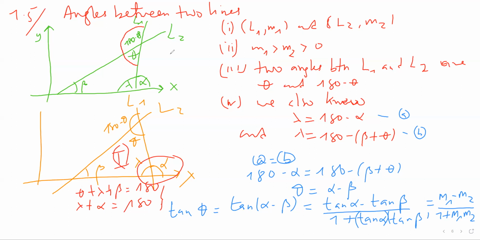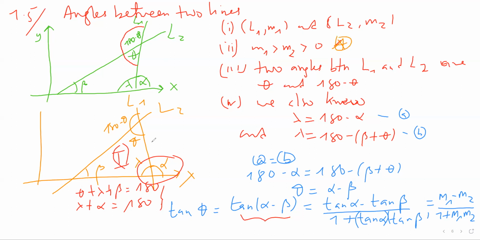So with that, you say that your tan theta is now equal to tan of alpha minus beta, and we use the trig identity, which gives tan alpha minus tan beta over 1 plus tan alpha times tan beta. We assume in this case that the gradient of line 1 is greater than the gradient of line 2.